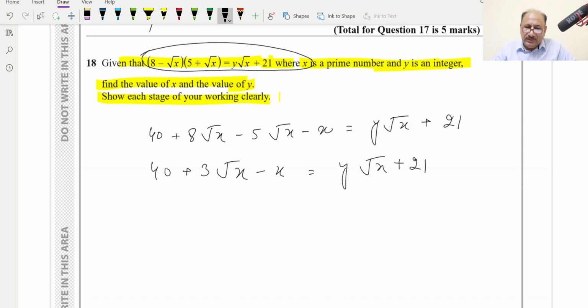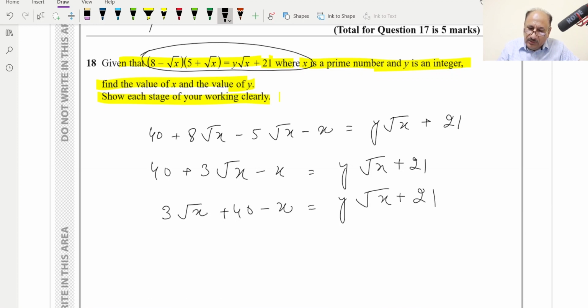So now we can rearrange this equation and write 3 root x plus 40 minus x, and this is equal to y root x plus 21. If we compare these two sides, this will be equal to 21 and this will be the y value.